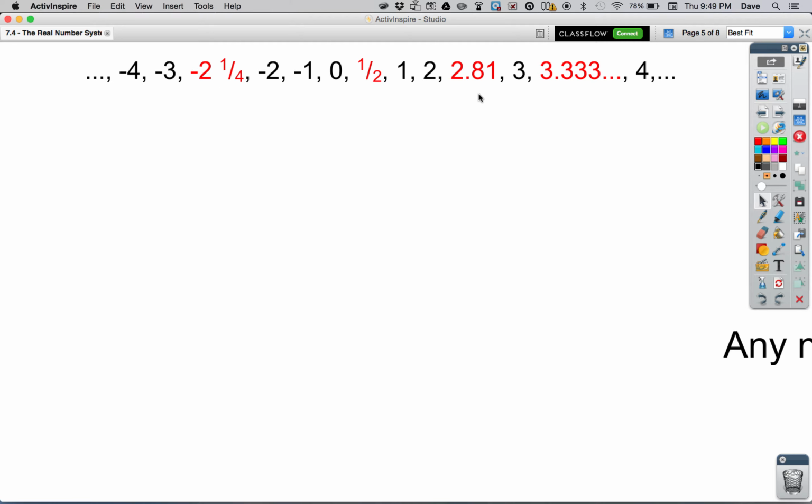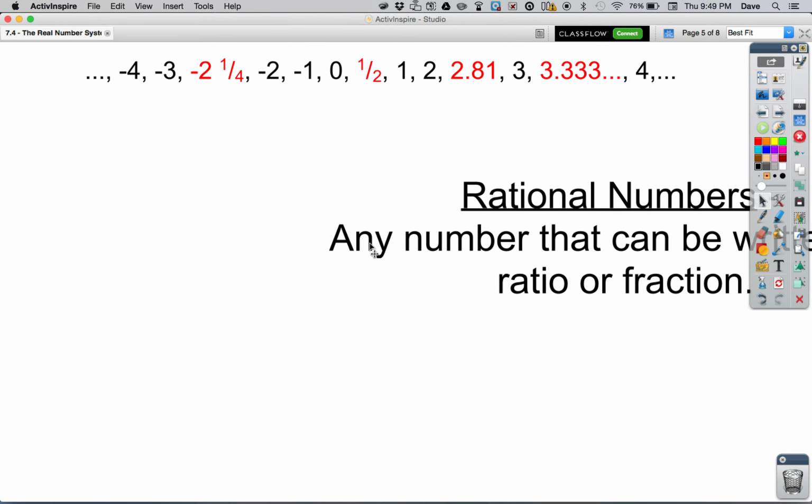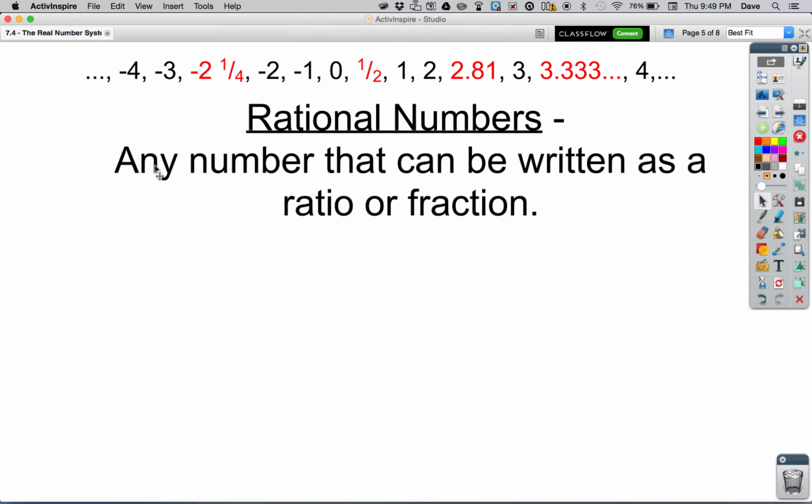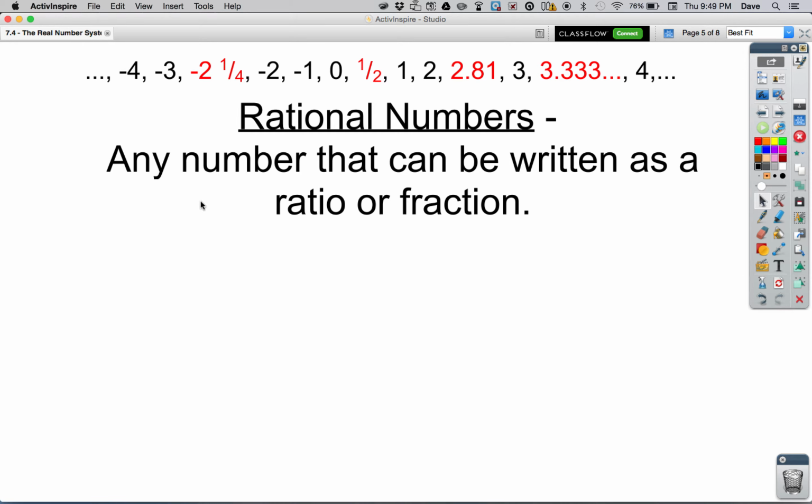Of course, this isn't a complete list, but I'm just mentioning a few: negative 2 1/4, a half, 2.81, 3.3 repeating. These are all numbers that have partial pieces, decimals or fractions. Once again, things were renamed, and this is now the rational number system. The reason they call it the rational number system is the word ratio.